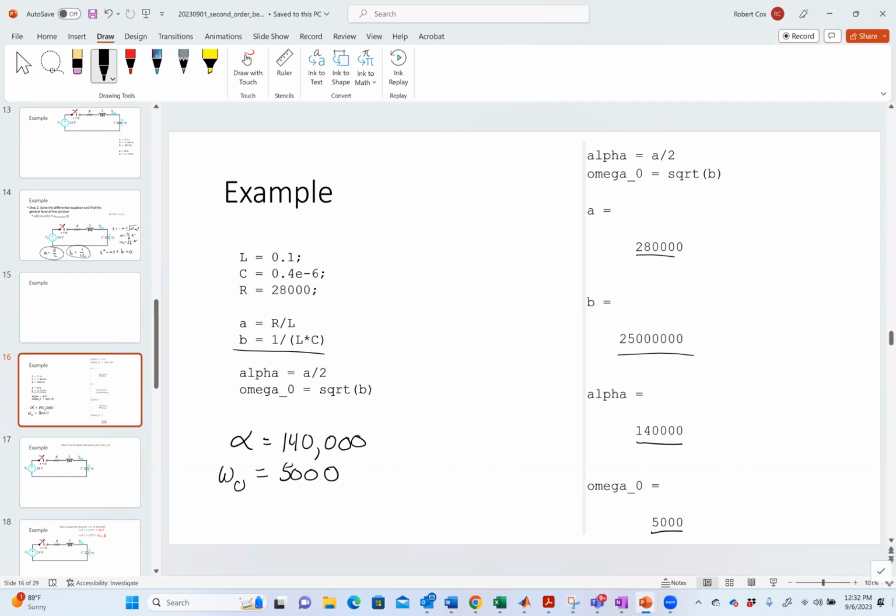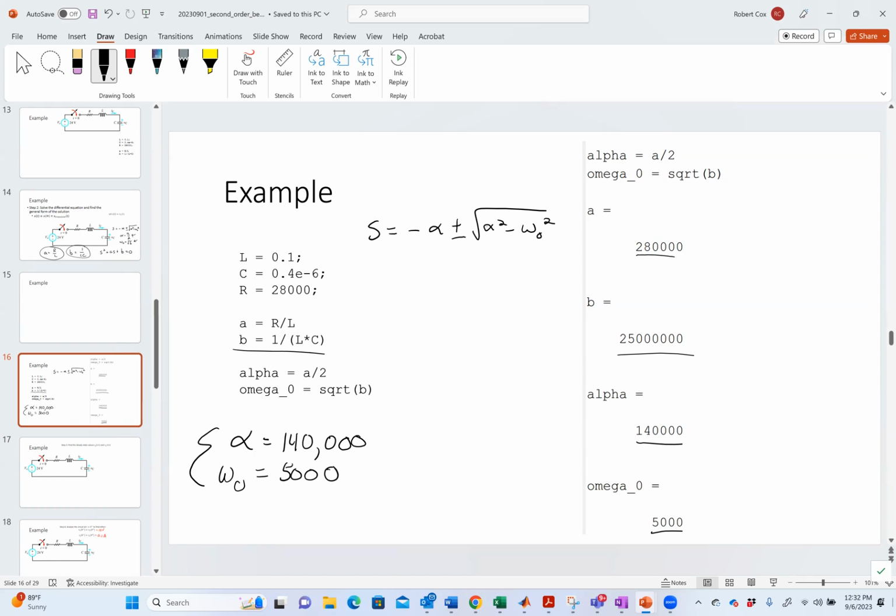Okay. And we said that our form of the solution is negative alpha for these roots. So if I have that form, and given the value of alpha that I have there, 140,000 and 5,000, what type of thing is that going to be? What's true about my roots there? Alpha squared minus omega naught squared. Positive.